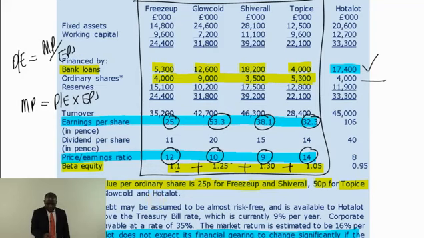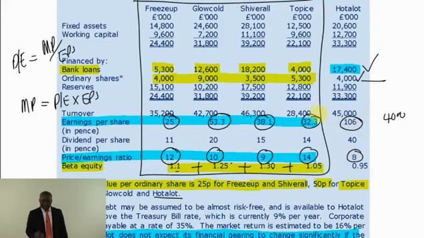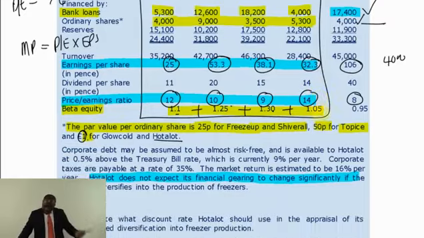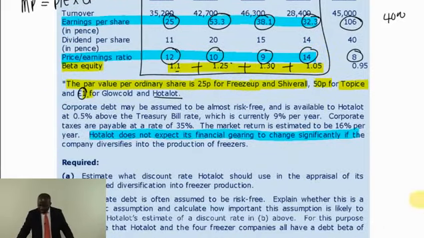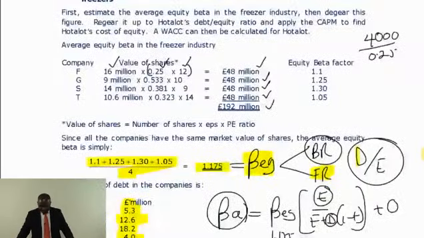Mine, according to the question, nominal value per share for Hot Alert is 1. So that 4,000 share capital divided by 1 is 4,000. When I make that 4,000, I need to multiply by market price. Market price, they said, is the PE ratio multiplied by the earnings per share. So it's the same thing that we were doing down there.